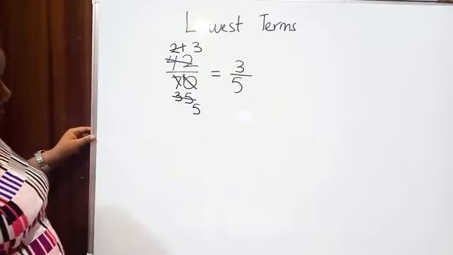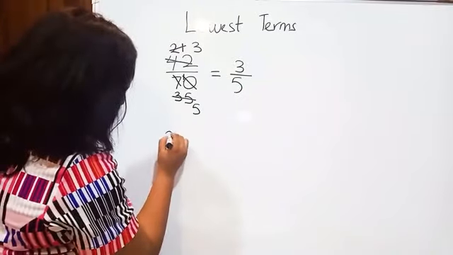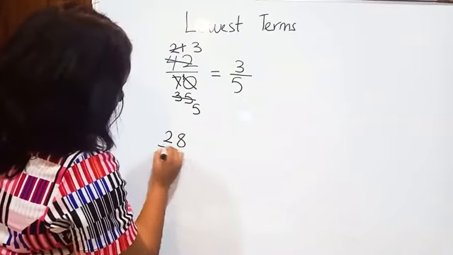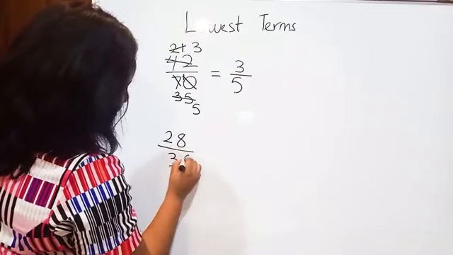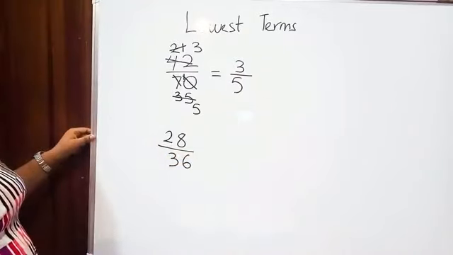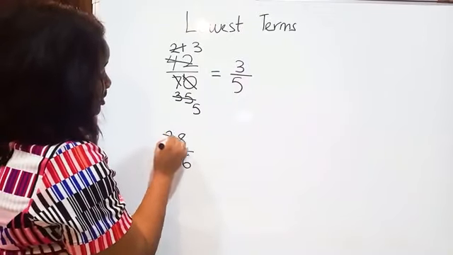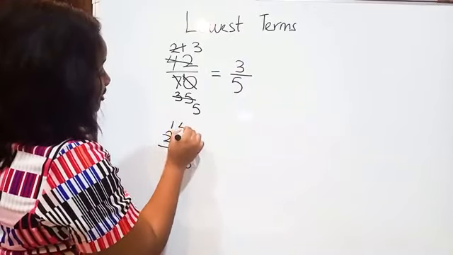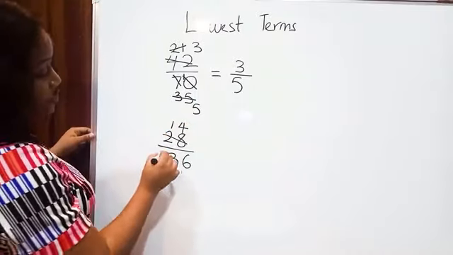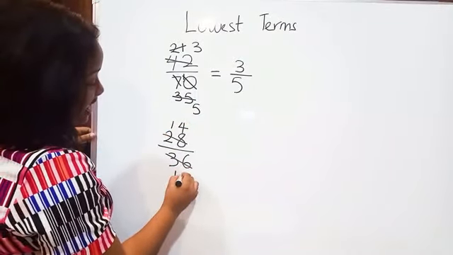I'm taking another example. We have 28 over 36. Common factor 2, because they are both even numbers. So 2 goes here, you have 14. And if 2 goes here, you have 18.